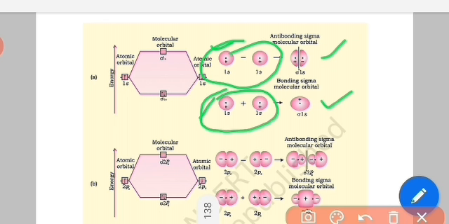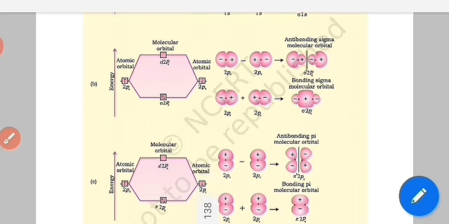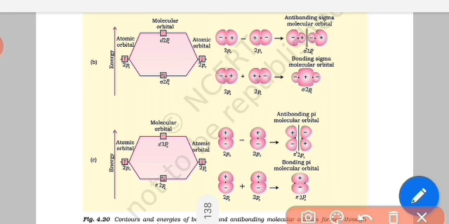Anti-bonding, or subtraction, means by this electron density becomes weaker near the nucleus. Similarly, 2pz combine and we get bonding and anti-bonding molecular orbitals. 2py and 2px also combine and we get bonding and anti-bonding molecular orbitals.